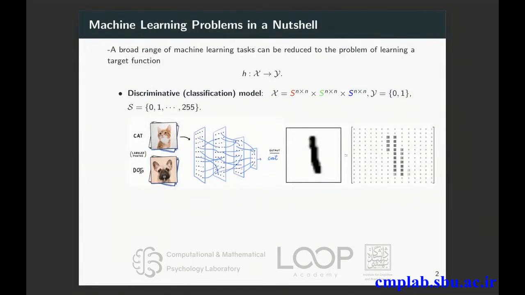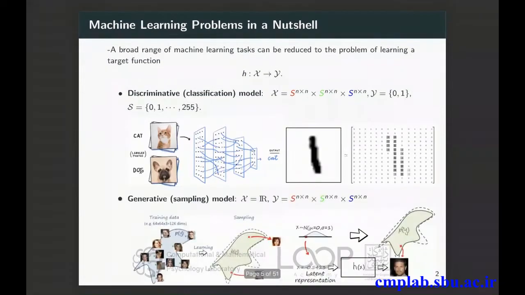If you assume this image as the input of a deep learning model, the output you can assume is a label. Here, for example, I have a picture of a cat and a dog, and the output of this deep neural network should be 0 or 1, depending on which image is fed into the network. So as you can see here, I'm learning a map from a set of matrices to a discrete set of 0 or 1.